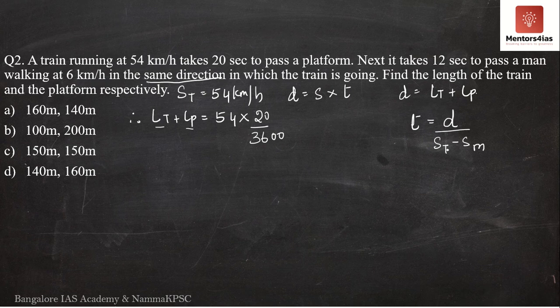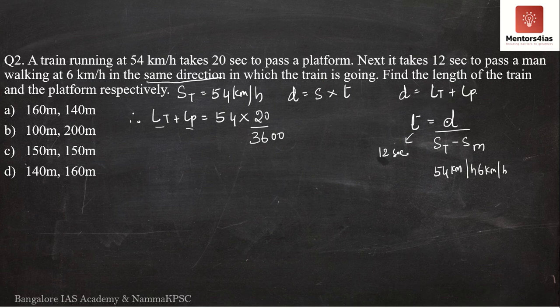Therefore, we'll have to take the difference between the speed of the train, which is 54 kilometers per hour, and the speed of the man, which is 6 kilometers per hour, where the time taken to cross the man is 12 seconds.